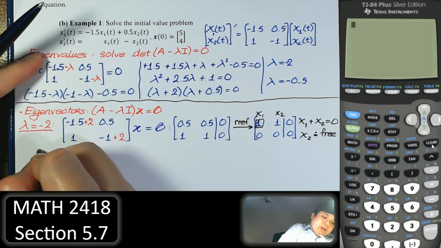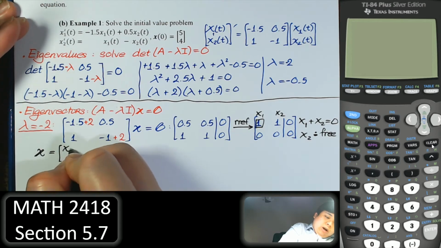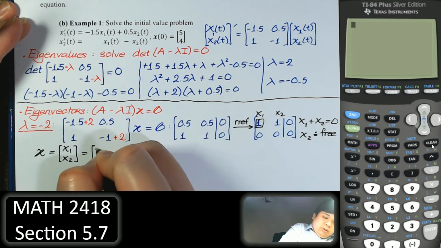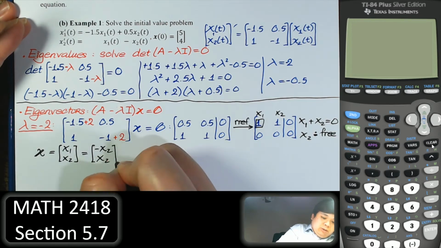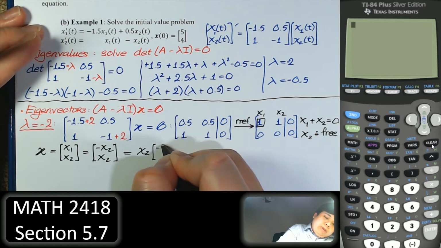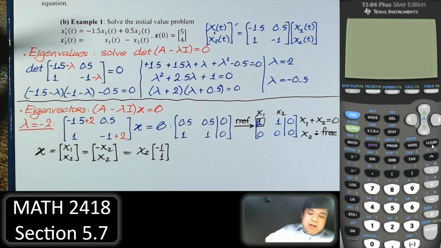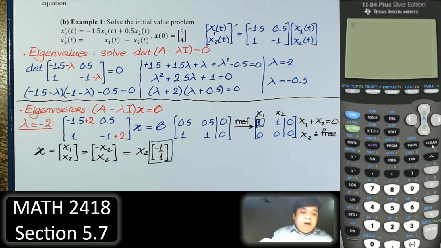So the solution eigenvector will be x1 and x2. x1 is negative x2, and x2 is x2, so just x2. Factor out x2: negative 1 and 1. Right, so that is the eigenvector. We just choose x2 to be 1.